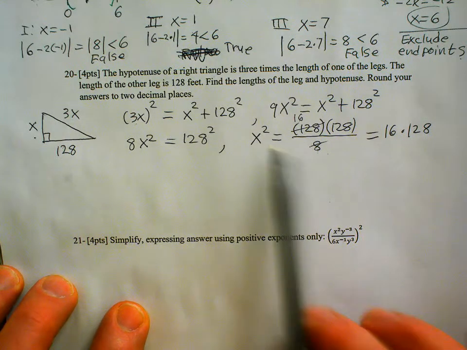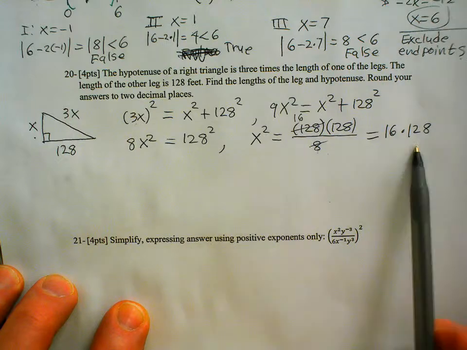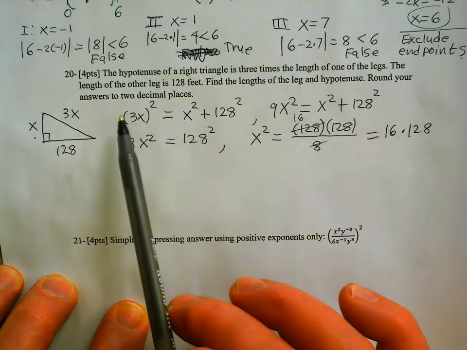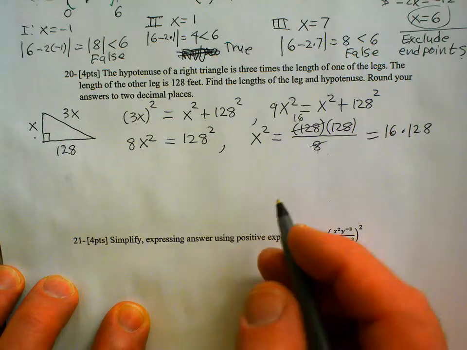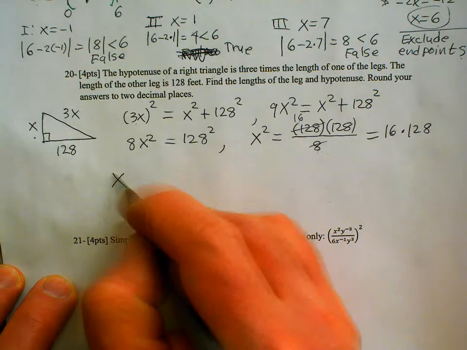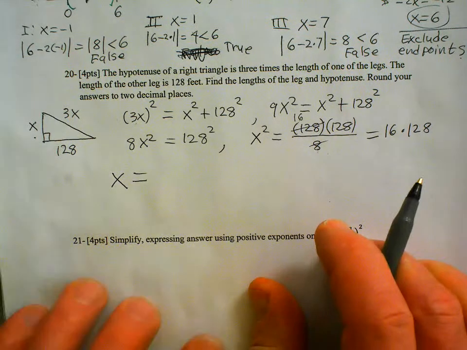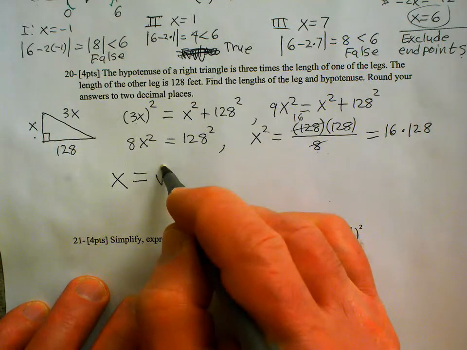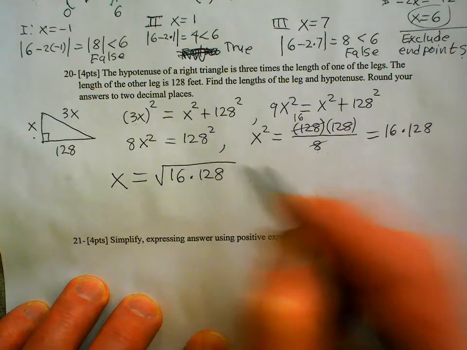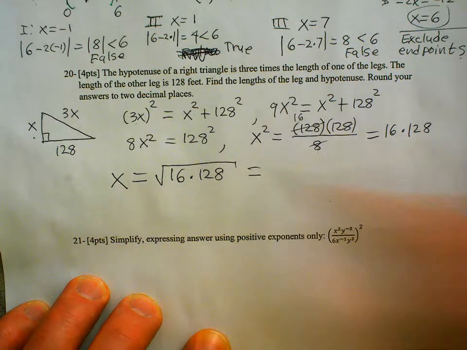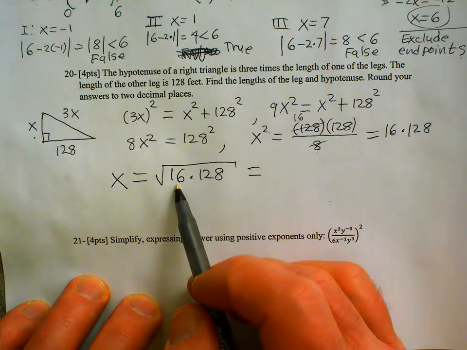As an equation, this has 2 solutions, but in the context of the problem, the only solution that we want is the positive one. So x is equal to the positive square root of 16 times 128. The square root of 16 is 4.